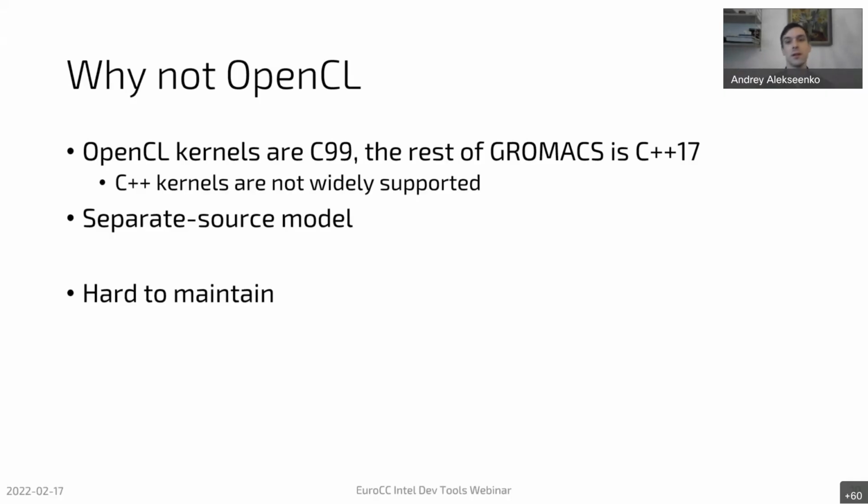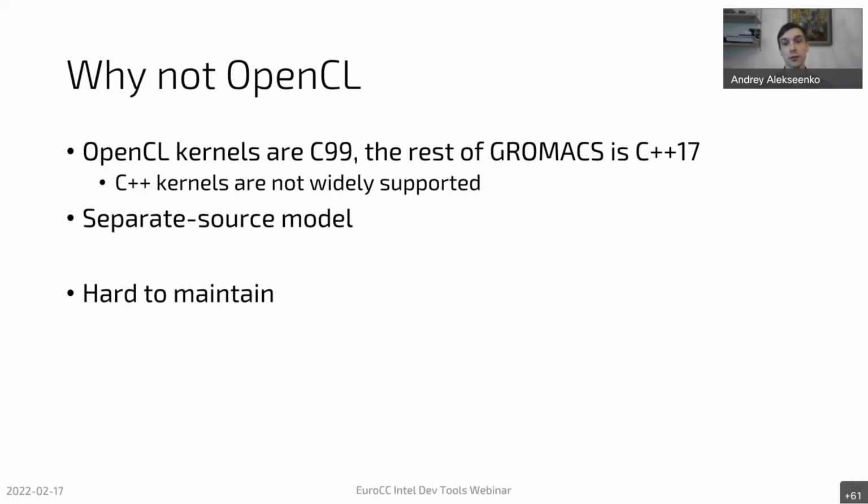But OpenCL, at least the widely supported subset of it, especially in the middle of 2020 when this decision was made, was only C99. C++ was standardized, but not widely supported by GPU vendors.